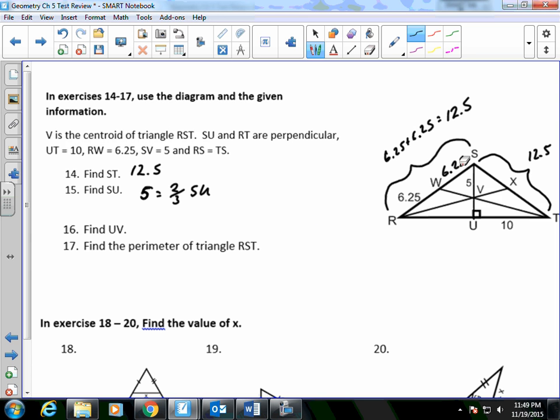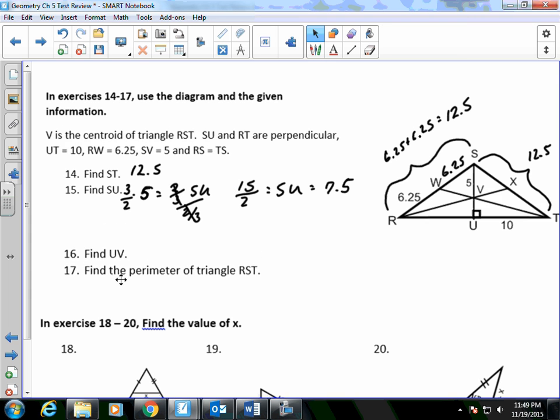To solve for the length of SU, we would divide by the 2/3, and dividing by 2/3 is the same thing as multiplying by the reciprocal, 3/2. So that's going to be 15/2 equals SU, and 15 divided by 2 is going to be 7.5. So the length of SU is 7.5.